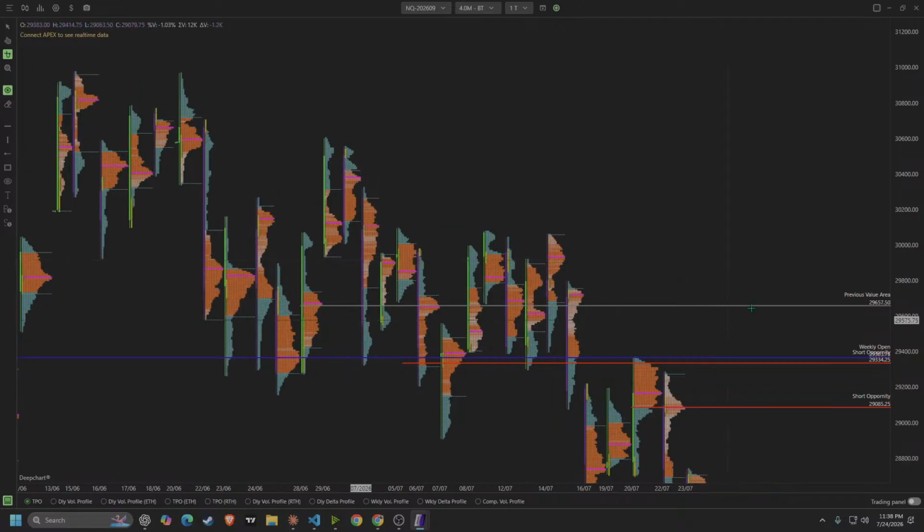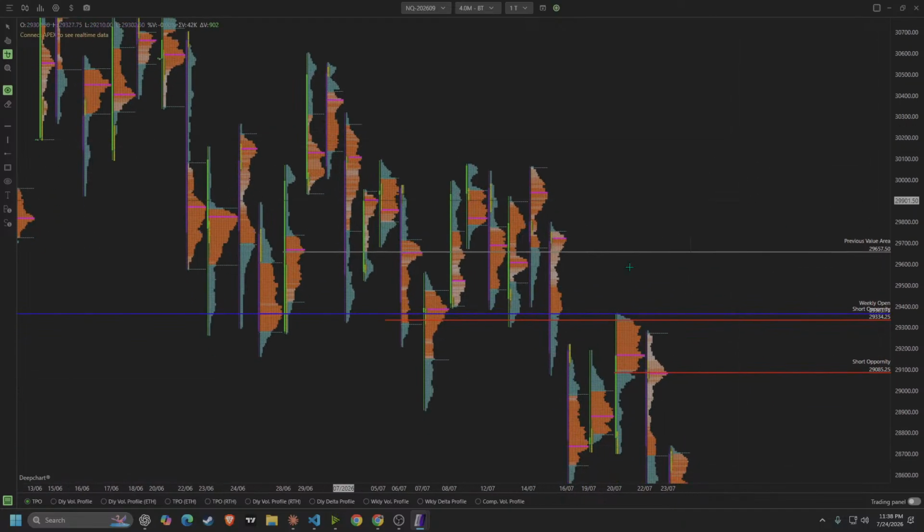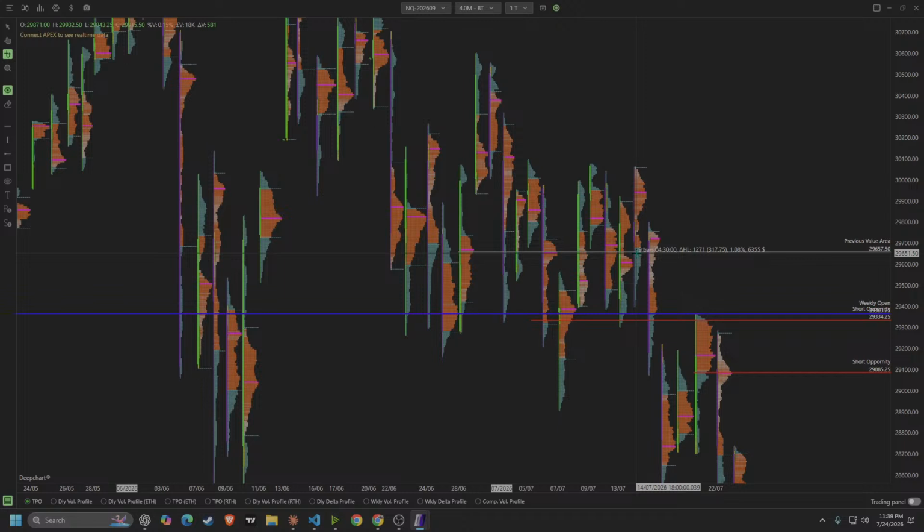So now we look for the area of previous value above from here. We'll say from the weekly open, or actually from where previous value was established. And we're going to come up, and that's only 300 points. So 300 points. This is another area.